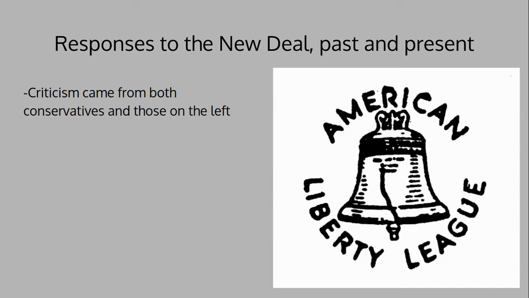And you had a couple of different groups here. First, the American Liberty League, which was formed in 1934. It died out within about 6 years, but during its time, it began to accuse the New Deal of granting too much power to the president and thus being unconstitutional.